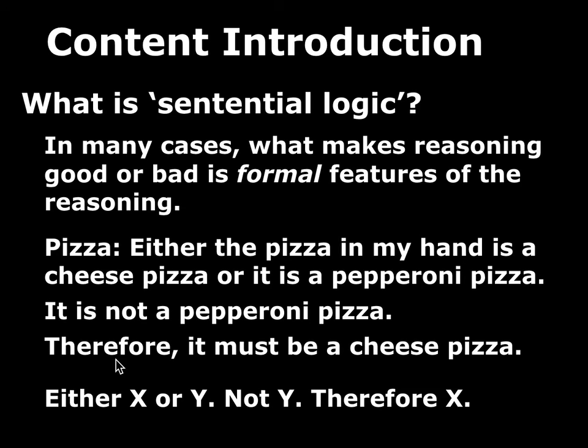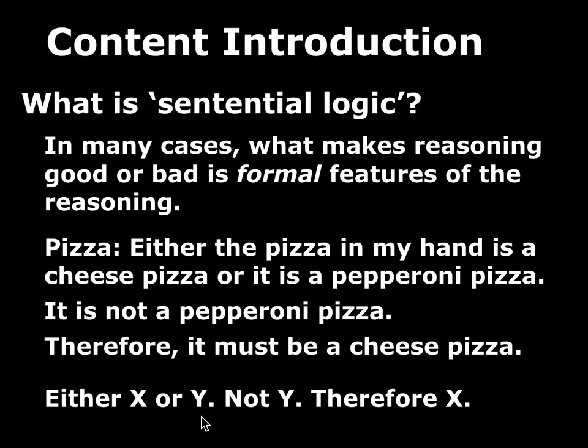Well, because it's the form. We're going to study the forms you get when you replace the content of sentences with variables. So in the pizza argument, instead of the pizza in my hand is a cheese pizza, we're replacing that with X. And it is a pepperoni pizza, we're replacing that with Y. So we're looking at the form that you get when you replace the sentences with variables.